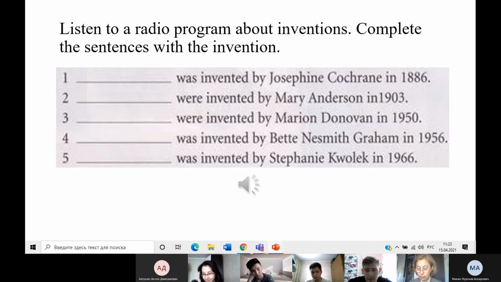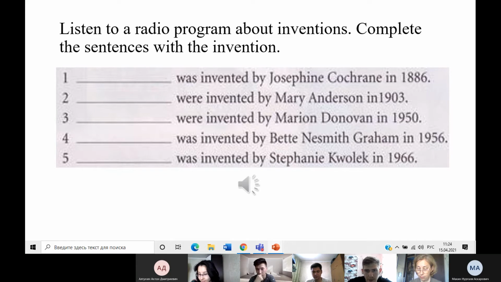Her invention is called Tipp-Ex today. Mrs. Graham was a divorced mother, and her invention made her a very rich woman. And finally, policemen, soldiers, and politicians all over the world are protected by something which was invented by a woman.